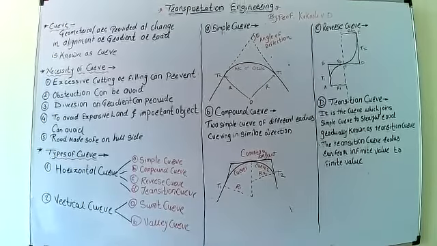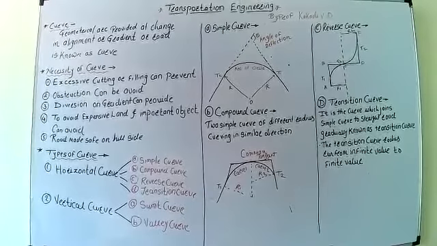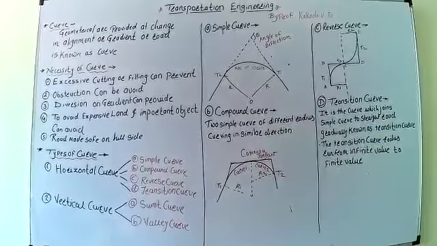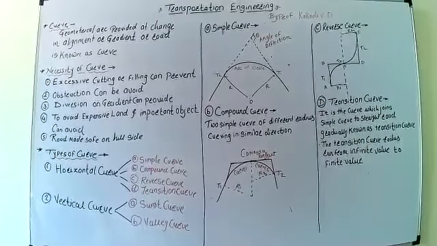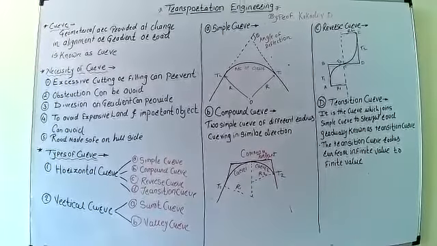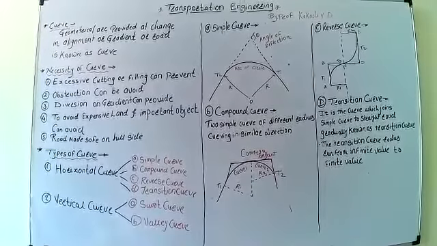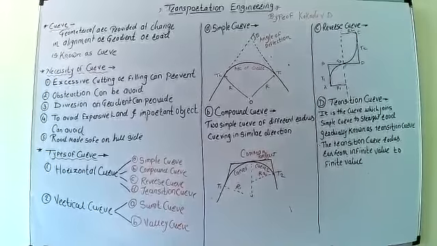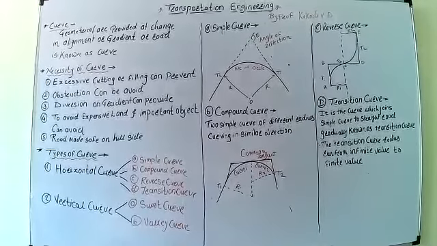A simple curve is a circular curve which connects two points or two alignments, as shown in the figure. It is a curve which consists of a single arc of a circle, connecting two straight tangents with a deflection through an angle theta, and is known as a circular curve.